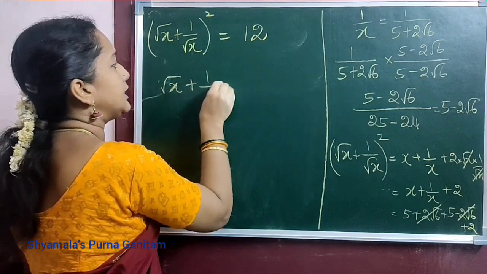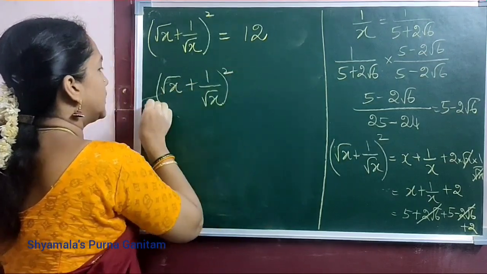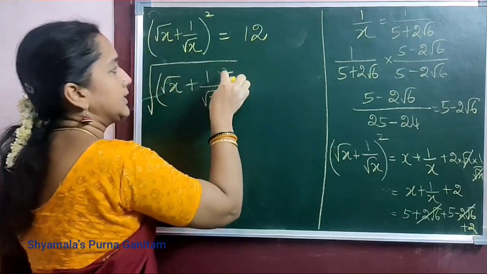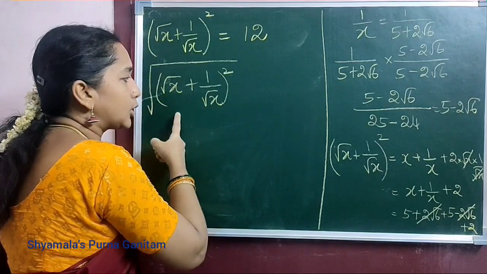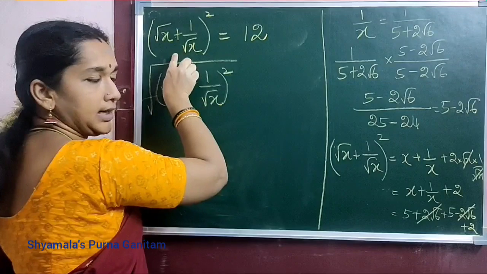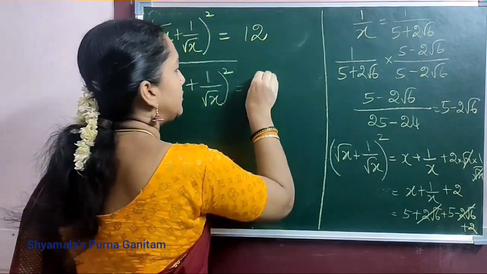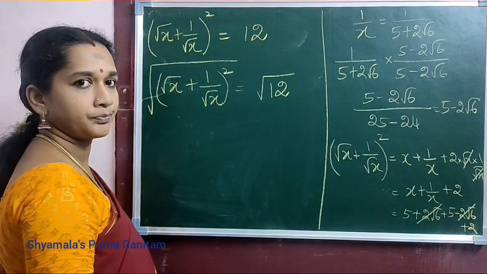Whatever they are asking in the question, we will get. Since you are doing root here on the left hand side, the same thing is to be done on the right hand side also. That's all.